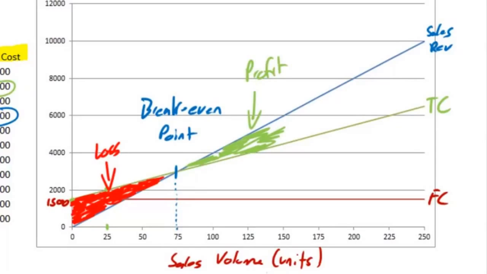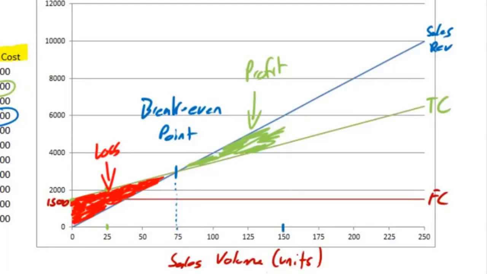So to understand how to read the CVP graph, let's think back to the last video where we projected that we would be able to sell 150 units at this specific cost structure, with a sales price of $40 a unit, and we'd earn a profit of, let's say, $1,500. So let's look at how that shows up on the CVP graph.